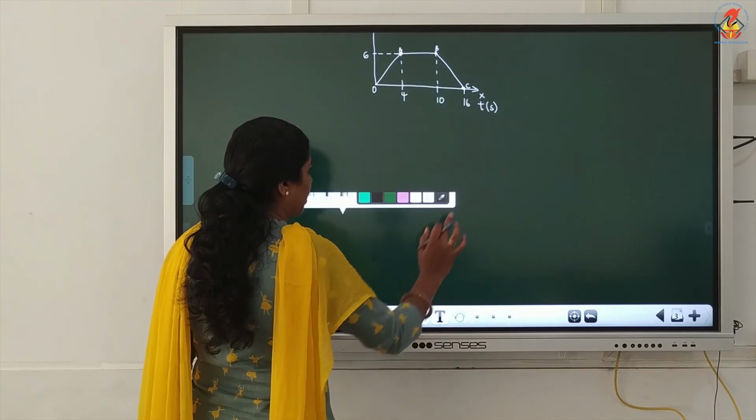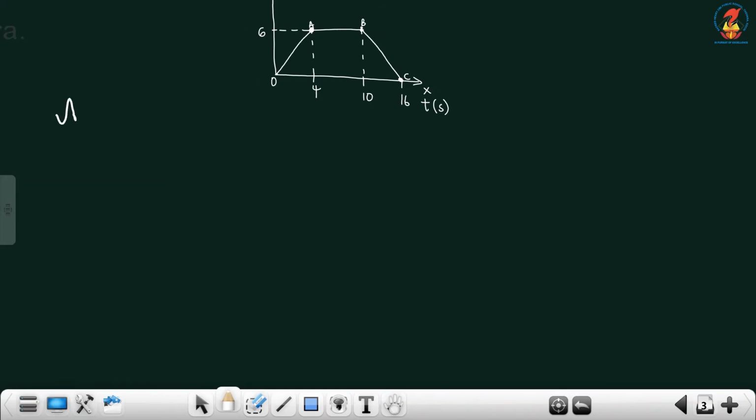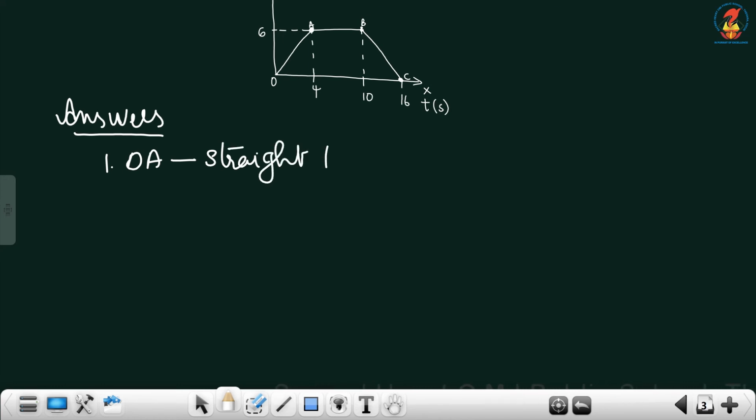That is, phase 1, OA straight line, slopes upwards.